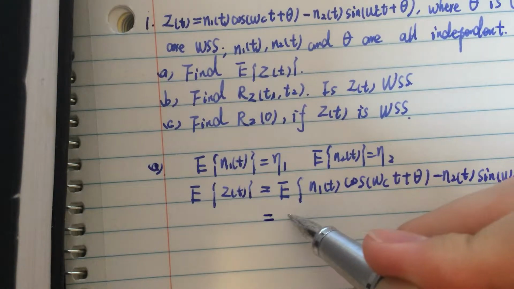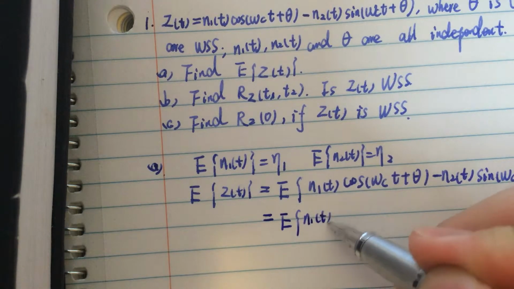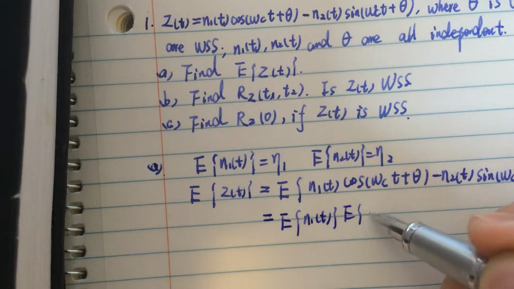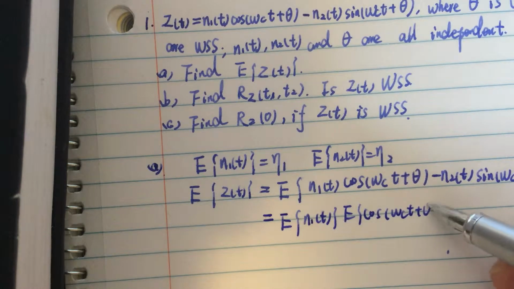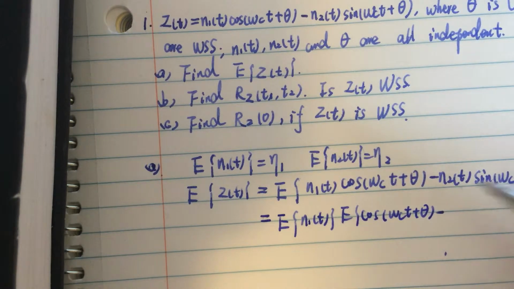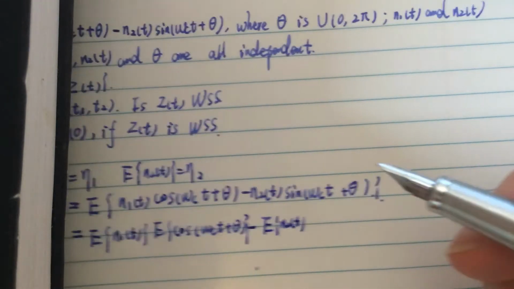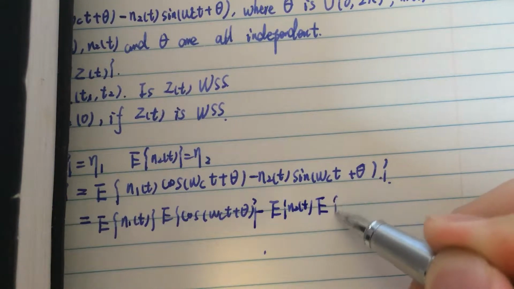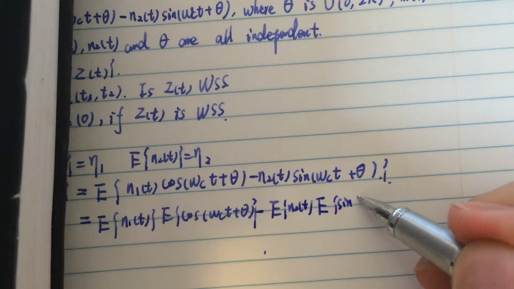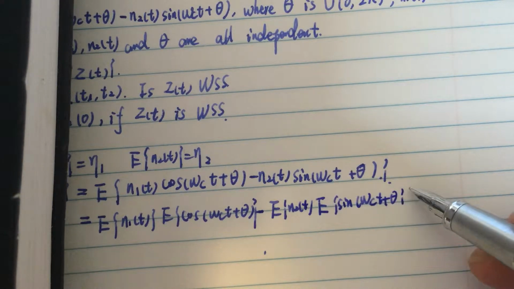And this is equal to E of n1(t) times E of cosine omega c t plus theta, minus E of n2(t) times E of sine omega c t plus theta.